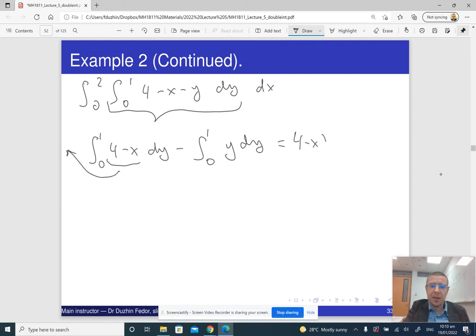So it's going to be 4 minus x times the integral from 0 to 1 dy, since we are integrating with respect to y, so anything that just has x is really a constant, minus the integral from 0 to 1 of y dy. The integral from 0 to 1 of dy is just 1 minus 0, which is 1. So this is really 4 minus x times 1, which is just 4 minus x.